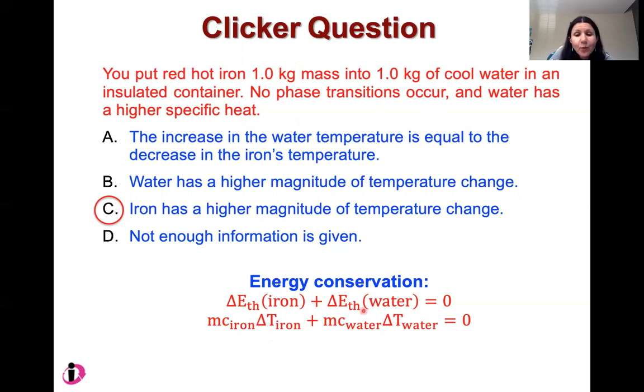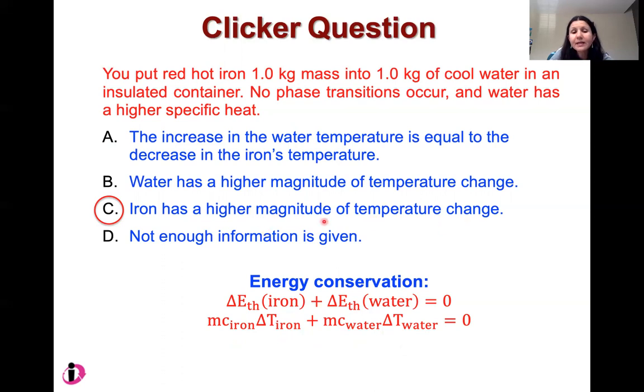Because the water has the larger specific heat, this quantity, C times delta T, has to equal C times delta T for iron, because those have to be equal and opposite. So if this quantity is bigger, then delta T has to be smaller for water. So for iron, the change in temperature has to be greater.